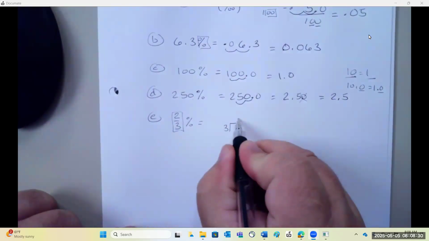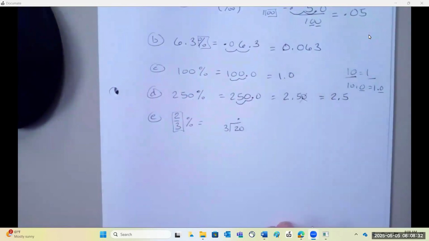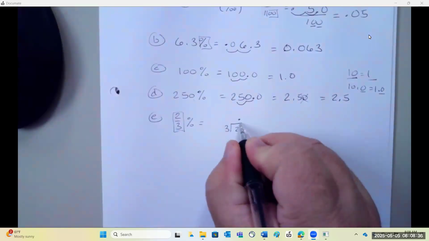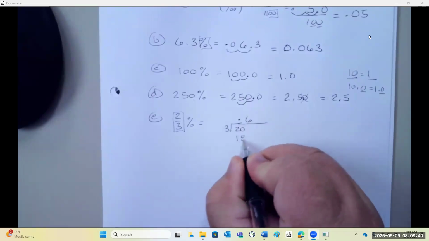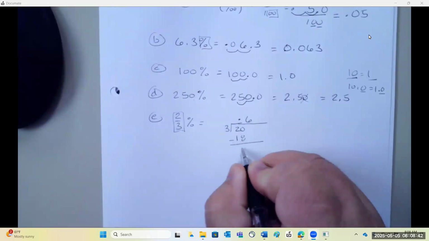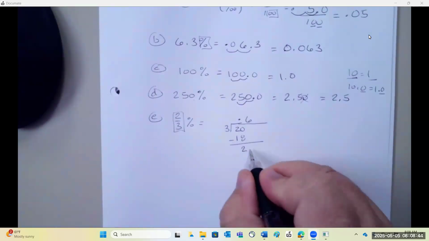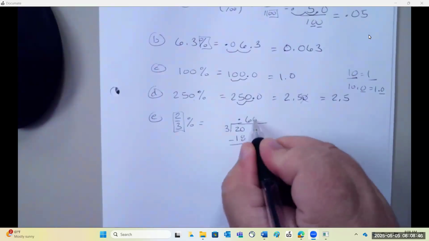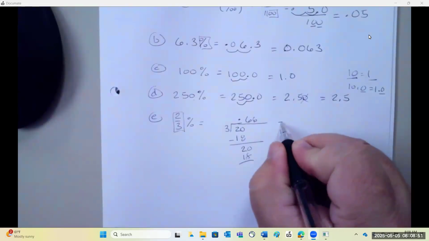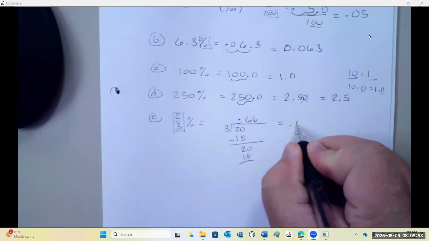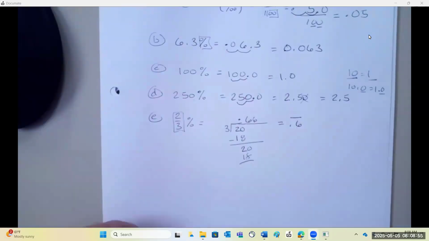No. So we put a decimal there. Makes it a 20. Does 3 go into 20? How many times? 6 times. 6 times 3 is 18. Subtract them. And you have 20 again. So it's 0.6. We'll have 18 again. So you see a pattern. So our answer is going to be 0.6 with a bar over it because it's just patterned repeating itself.